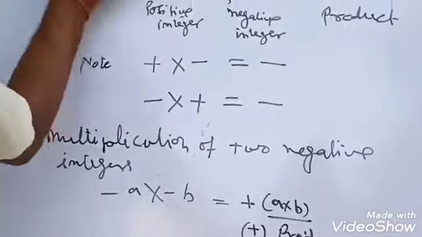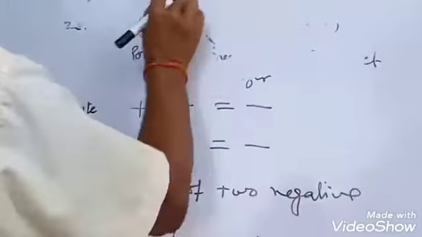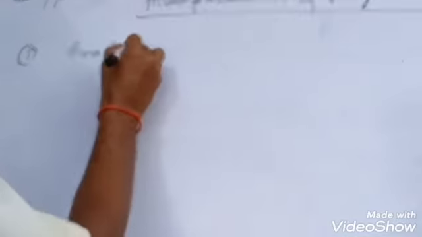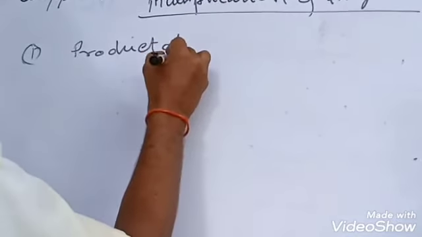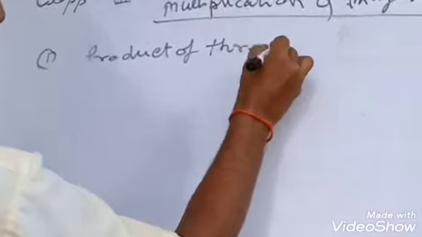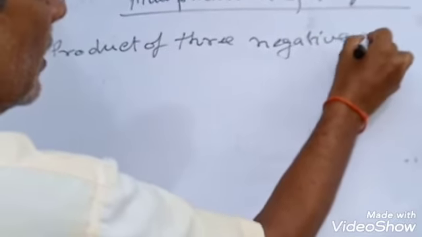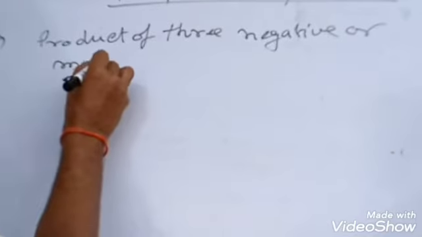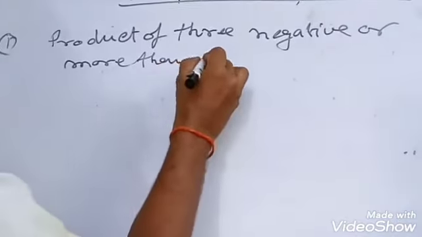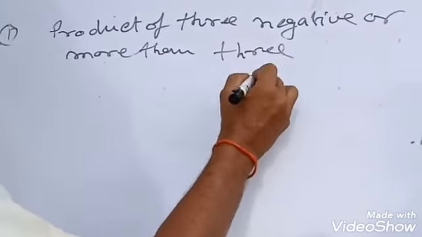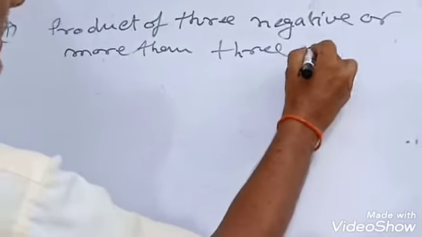Now, the multiplication of three negative integers.